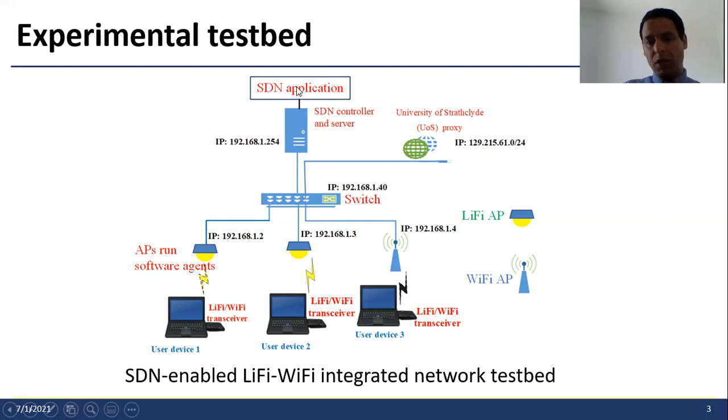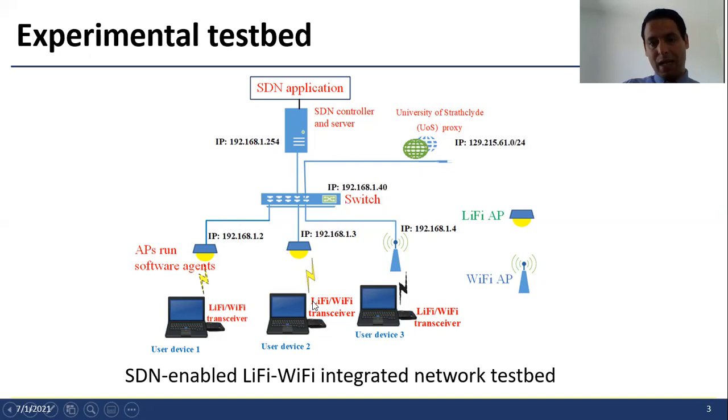This application consists of three parts: real-time monitoring for this network; support for user mobility, association and disassociation with these access points based on the SNR and traffic load at each cell in this integrated network; and also load balancing between these cells based on the number of associated users or the traffic load of each cell. And here we have the traffic coming in and out from the university network, which also provides internet connectivity.